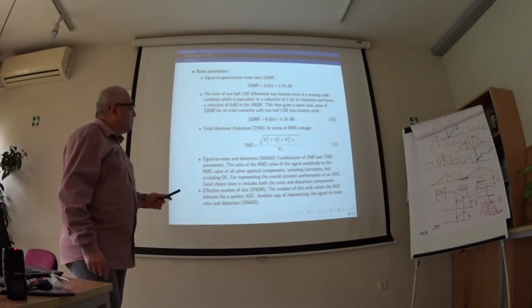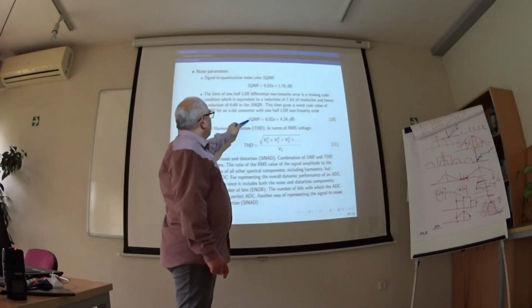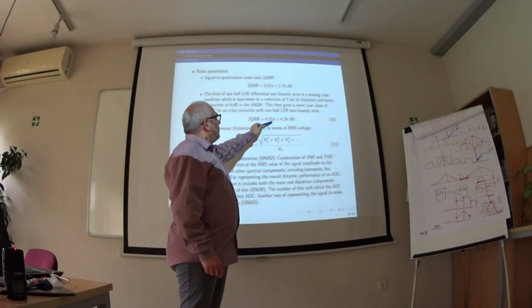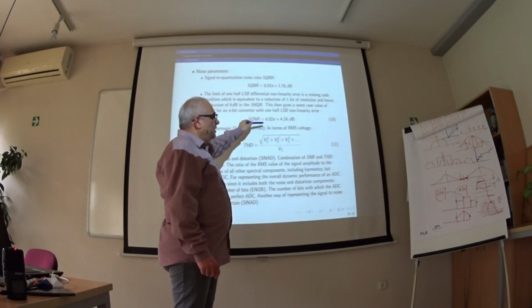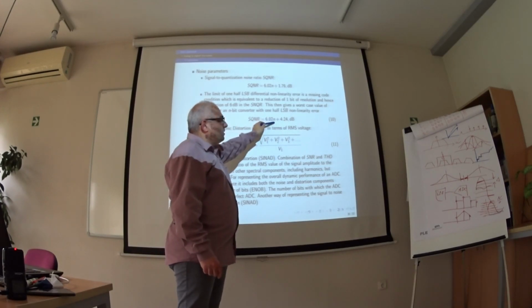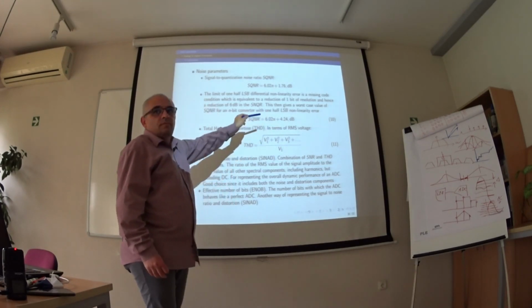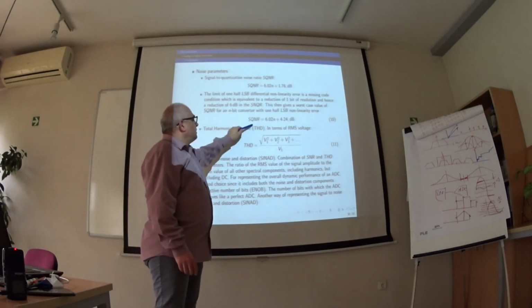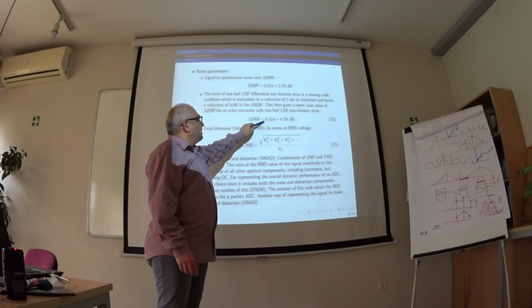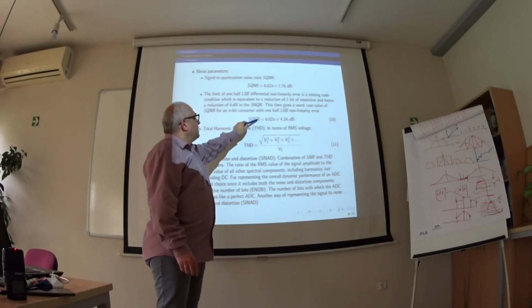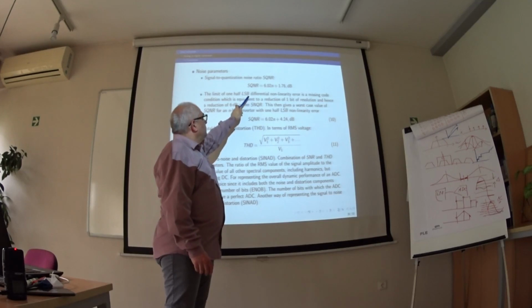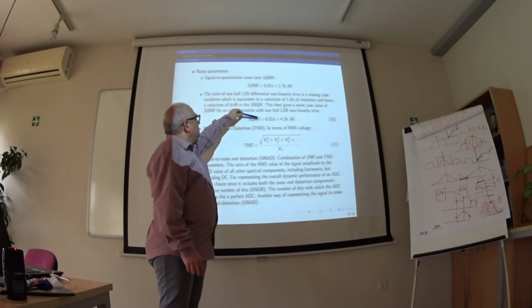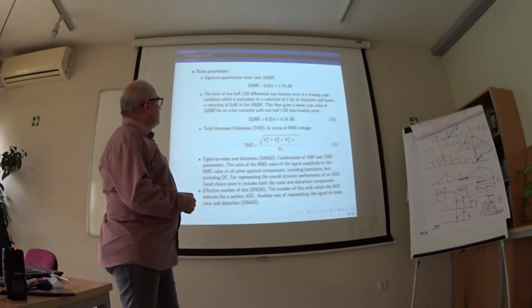We have here the worst case when we add one bit, the least significant bit non-linearity error, which is acceptable, and our SQNR in this case is a little bit lower than. There is something wrong with this formula.